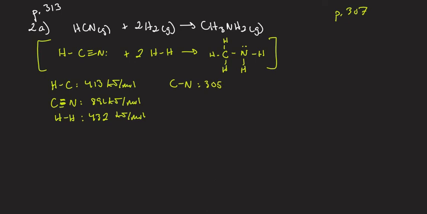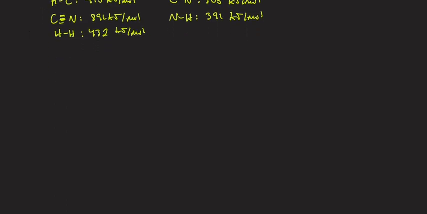Carbon nitrogen is 305 kilojoules per mole. Nitrogen hydrogen is 391 kilojoules per mole. So that concludes all of the different values for the different kinds of bonds. Let's scroll down a bit.